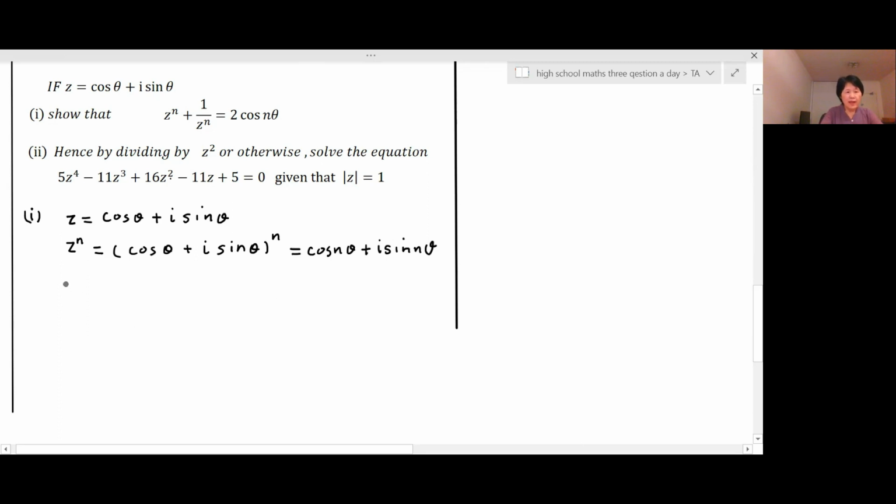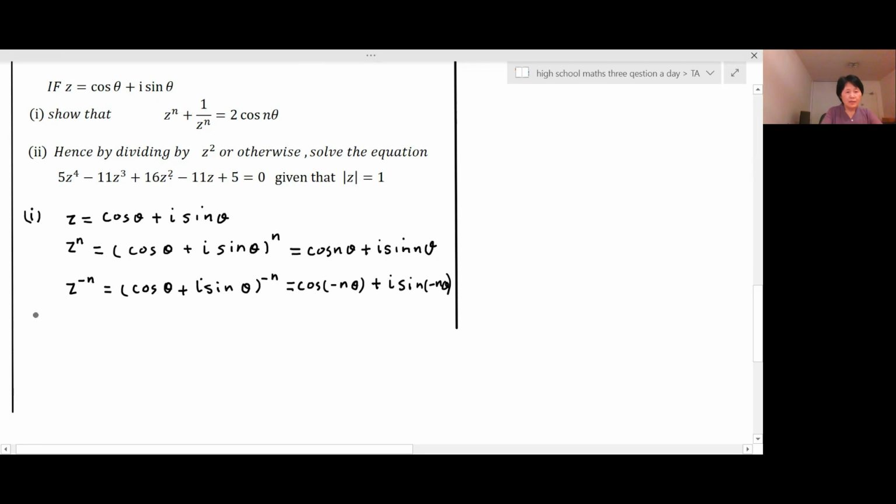Now z to the power minus n equals cosine theta plus i sine theta to the power minus n, then equals cosine minus n theta plus i sine minus n theta.